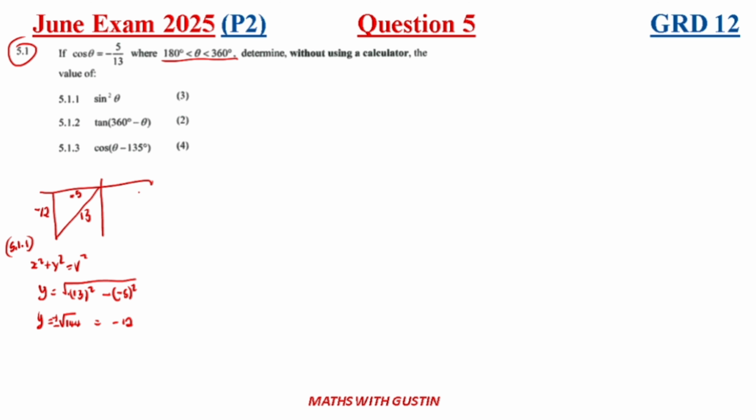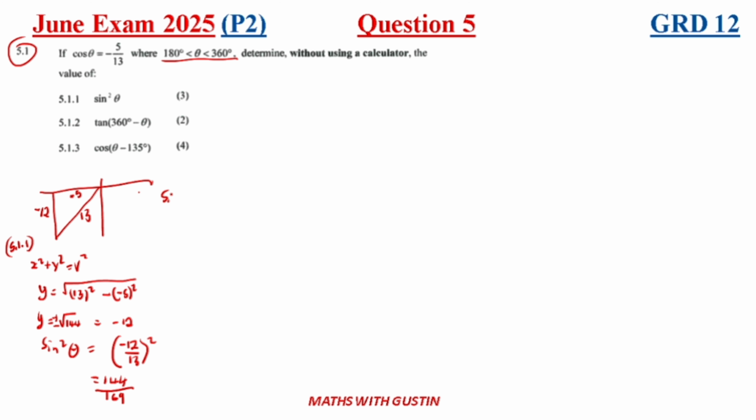Okay, so now let's answer the question. It says here sine squared theta will have to be equal to, okay, what is sine? Sine is what is opposite, which is going to be negative 12 over 13 all squared, which gives us 144 all over 169. Okay, and that's our answer there.